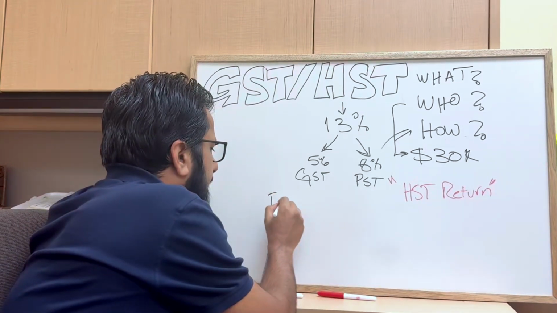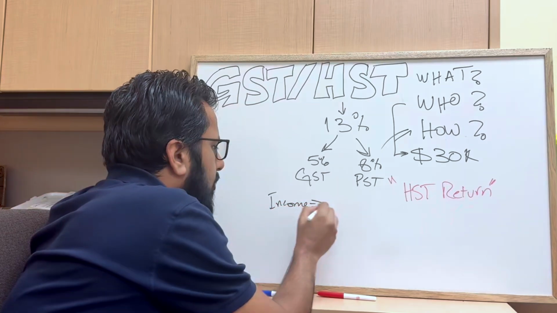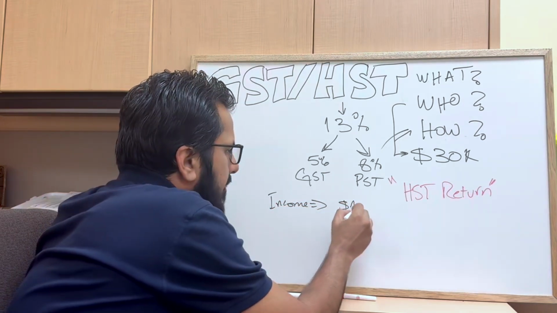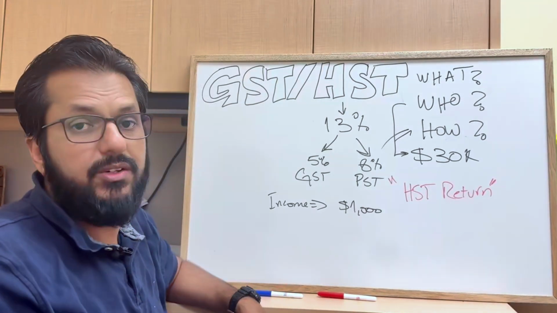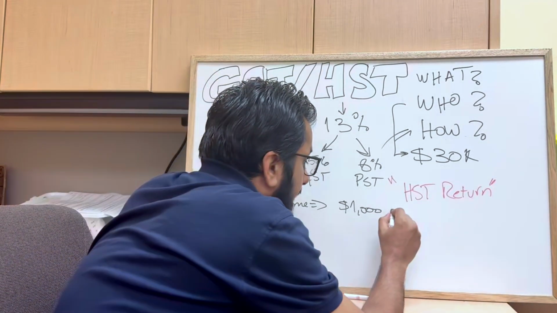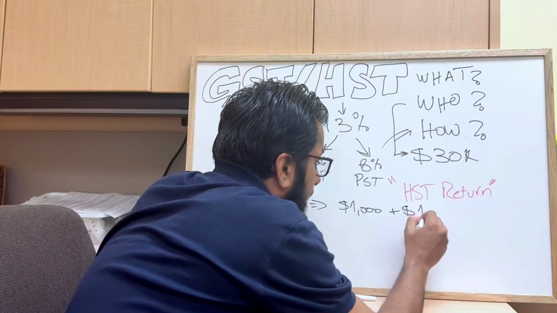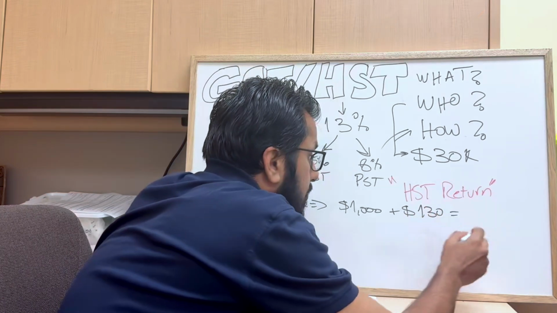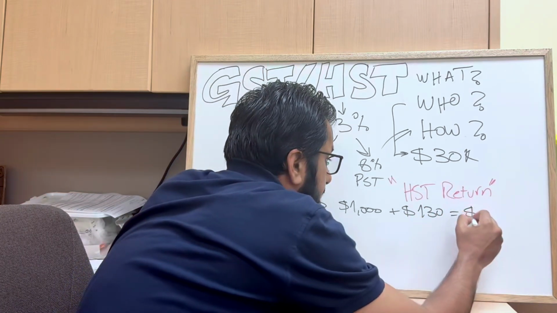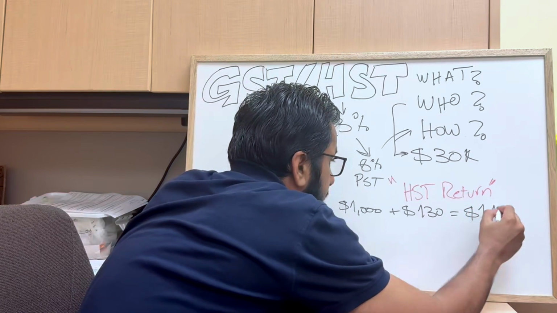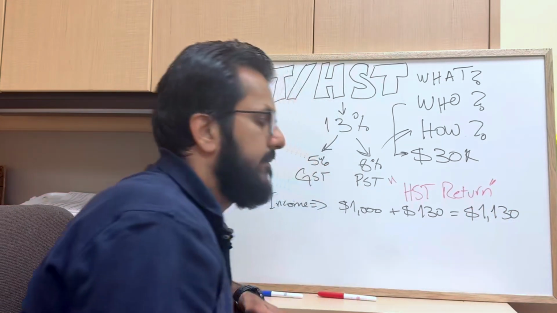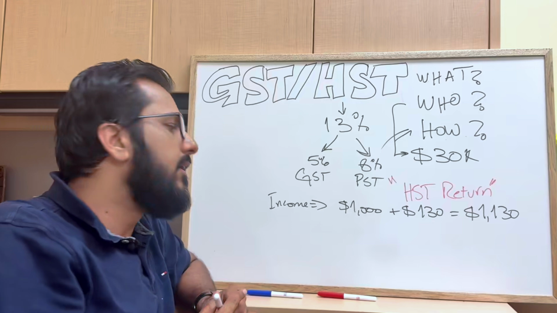So your income is going to look like this: $1,000 for the contract. But now, since you're HST registered, you have to add 13% to it, which is $130. So the total amount that you're going to charge to your client is $1,130.